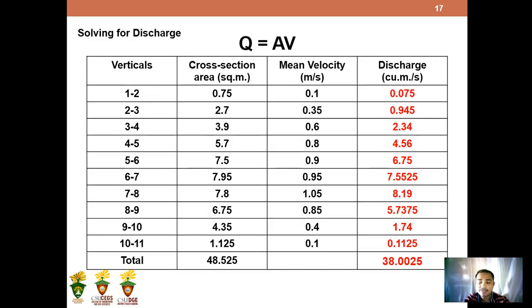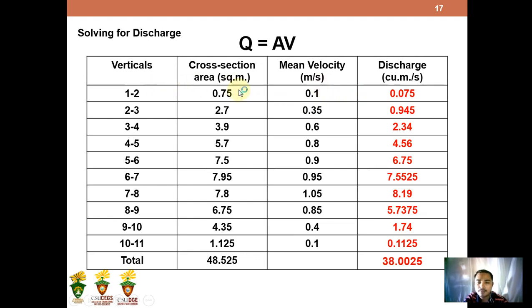And to solve for the discharge, we are going to use this formula. Discharge is equal to area times the velocity. So we have now the cross-sectional area for each interval between two verticals, and we have also the mean velocity in the middle of the two successive intervals.